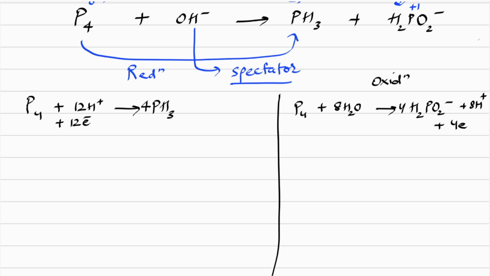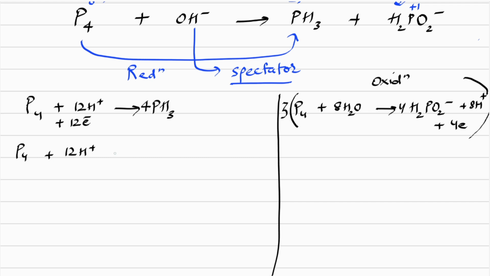Now that we have added electrons on the opposite sides of the 2 half reactions, we have to make them equal. We do that by multiplying the oxidation half reaction with 3. Okay, we multiply this by the number 3. Now let's write the equations again.